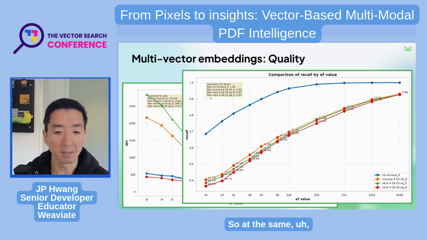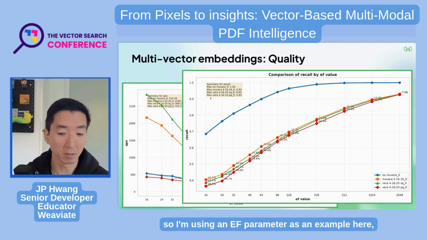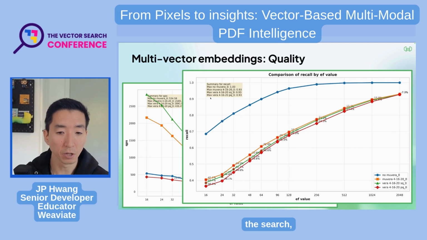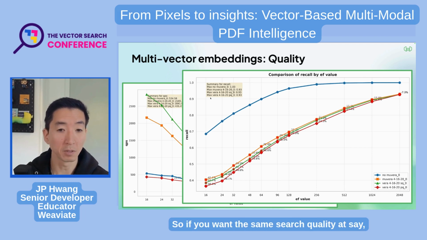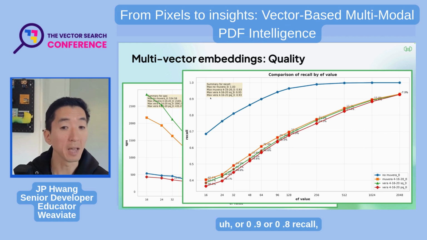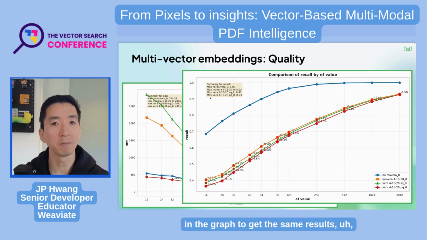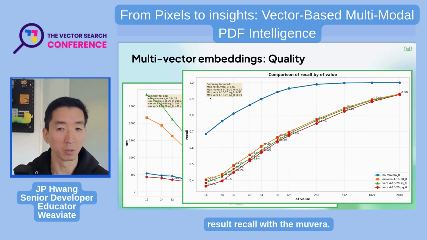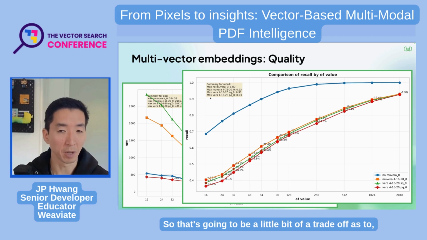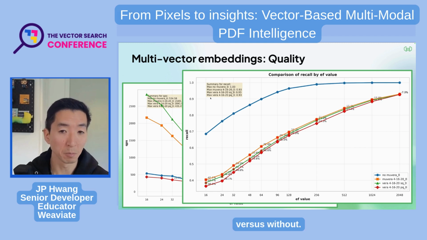At the same set of parameters, using an EF parameter as an example here, the search quality goes down. So if you want the same search quality at, say, 0.9 or 0.8 recall, you'll see that we have to move much further along to the right in the graph to get the same recall with Movera. So that's going to be a bit of a trade-off in getting the same search quality with Movera versus without.